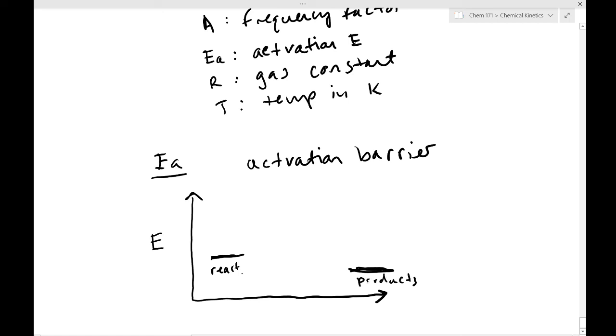Okay, there is a sloped line between the reactants and the products, and it goes down. So the energy is going down here. So this is a favorable reaction. However, to get from the reactants to the products, you have to overcome what's called an energy barrier. Okay, and by the way, this x-axis is the reaction progress. So as the reaction progresses, you have to go up in energy, up in energy, and then you can go down in energy to the products.